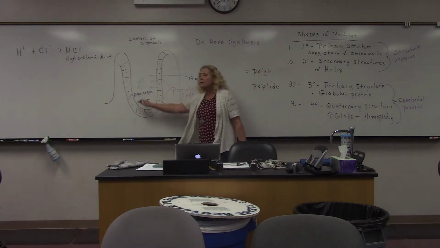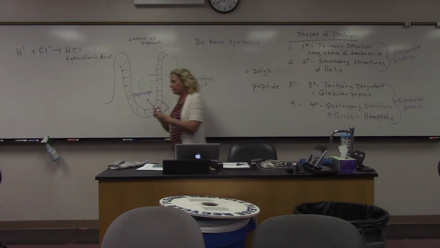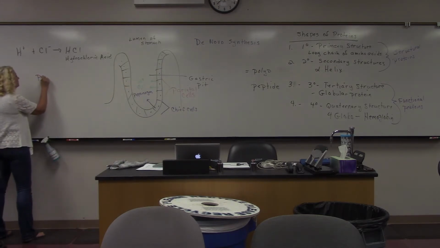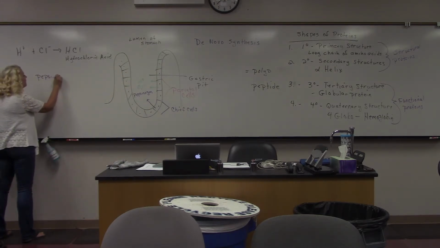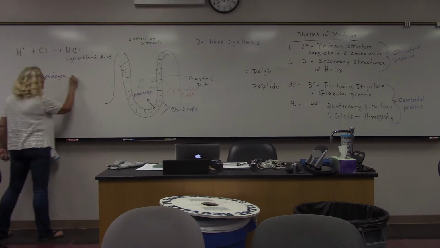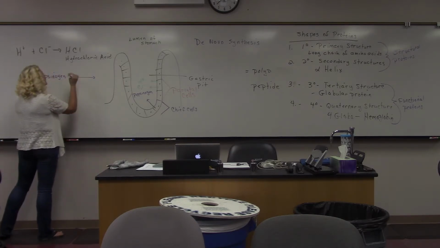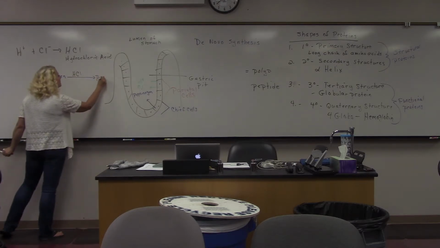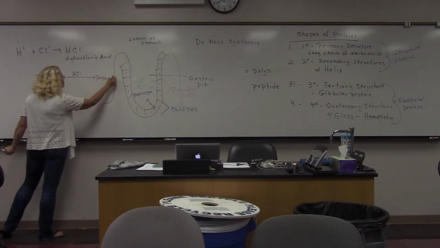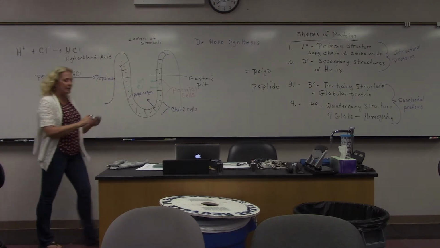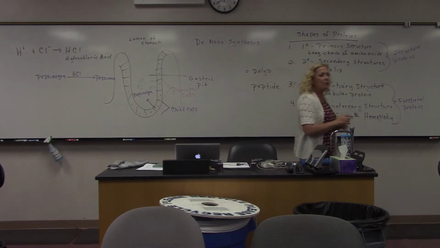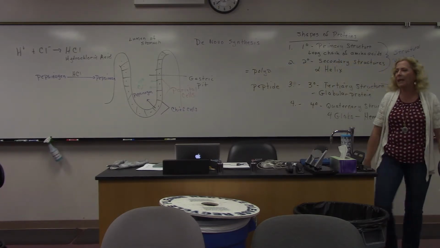And it's going to mix with pepsinogen, our inactive enzyme. And when hydrochloric acid mixes with this, we're going to activate this enzyme. And now we call this pepsinase. Now your book probably calls it pepsin, but they have recently changed the name, which was just smart. We want the ASE at the end.